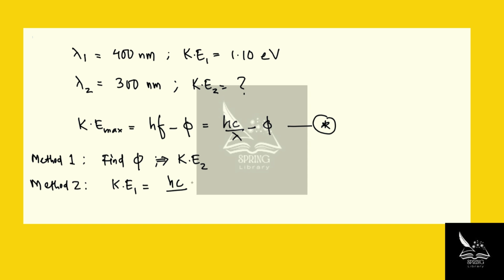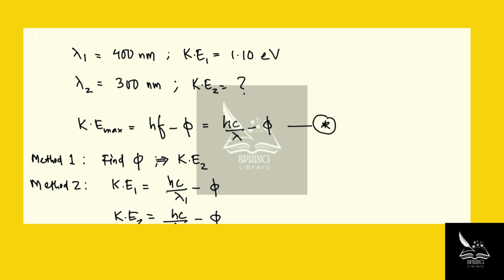So we have hc, which is a constant, and then lambda for the case 1 is lambda 1 minus phi. So phi is the work function of the metal. We will be using the same notation for both the cases because the metal that we are using is same. And then for the second case, Ke2, we have hc over lambda 2 minus phi.